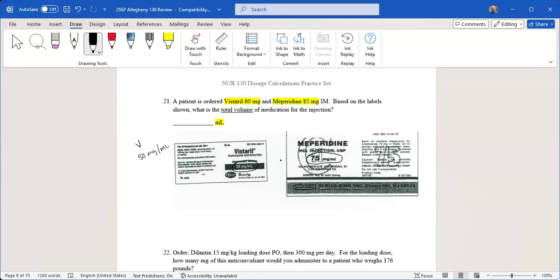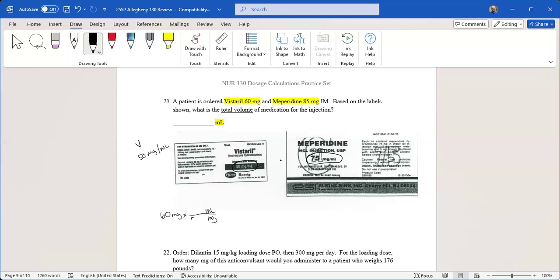So all you're going to do is what you already know, or you should already know how to do, and this is where you can use ordered over available, or desired over have. That works just fine. I'm still going to set this up using dimensional analysis because I like to punish you a little bit, I guess. I'm going to take my Visceral, 60 milligrams is my order, and then convert milligrams to milliliters.